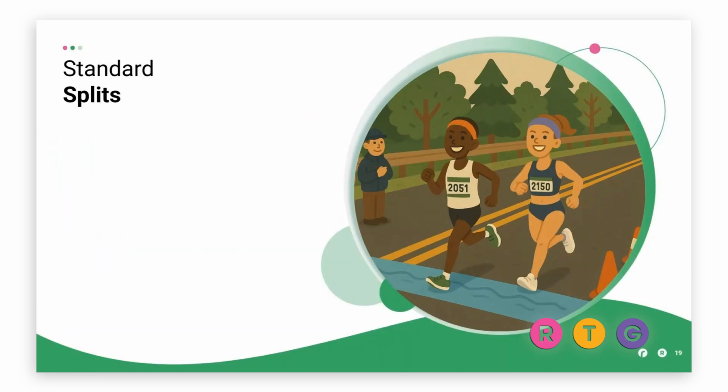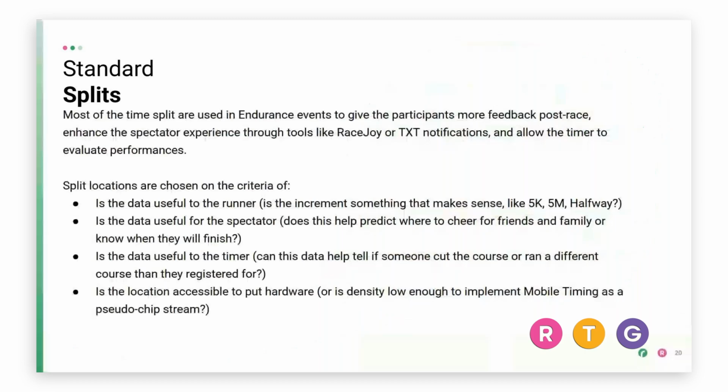All right, standard splits. When we talk about standard splits, most of the time we're dealing with a single discipline event. So just running, just biking, just skiing, and we would consider this the standard split experience versus the multi-discipline, which we'll talk about in a moment.